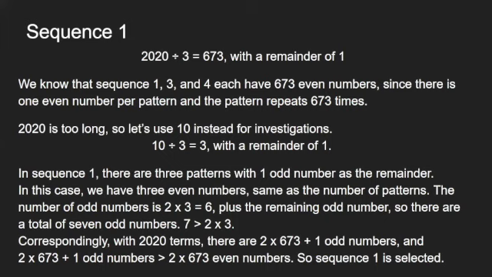Then we add the remaining odd number, which is the last term. So there are a total of 7 odd numbers, and 7 is greater than 2 times 3, which is the amount of even numbers.